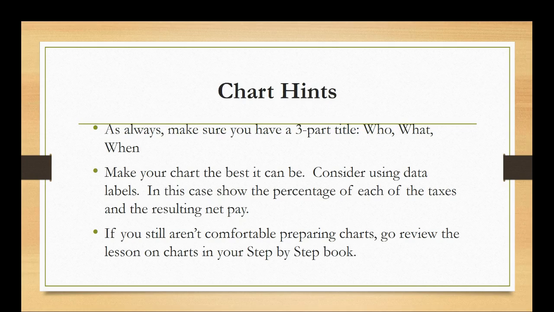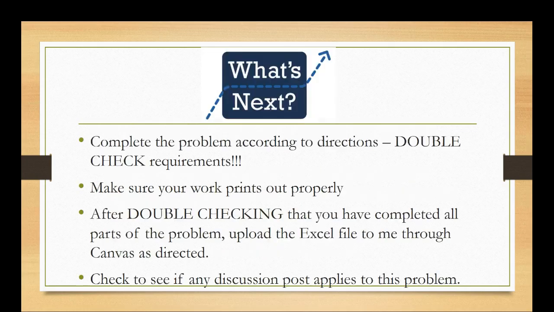Make your chart the best it can be. Consider using data labels. In this case, you'll definitely want to show the percentage of each of the taxes and the resulting net pay for the given employee. If you still aren't comfortable preparing charts, please go back and review the lesson on charts in your step-by-step book, since that's an integral part of this class.